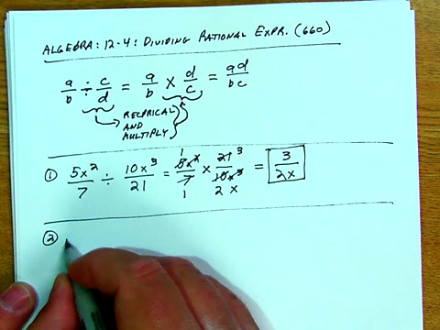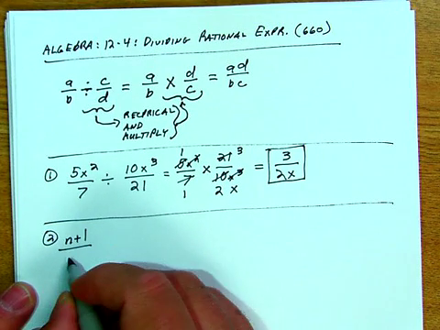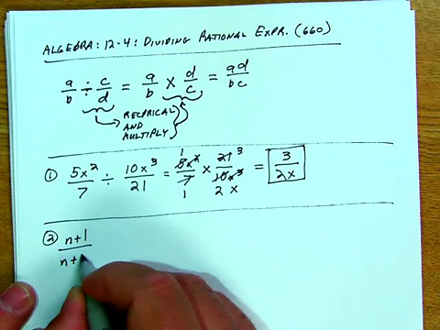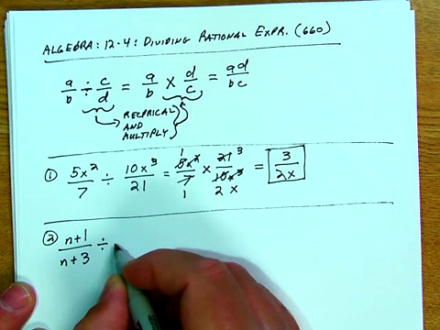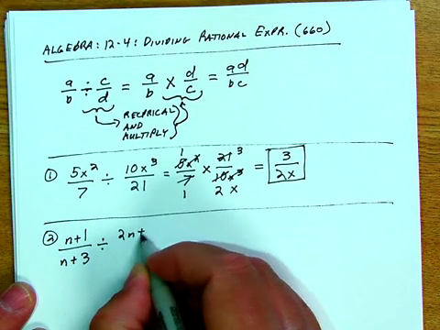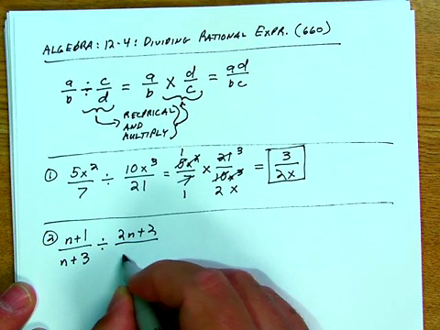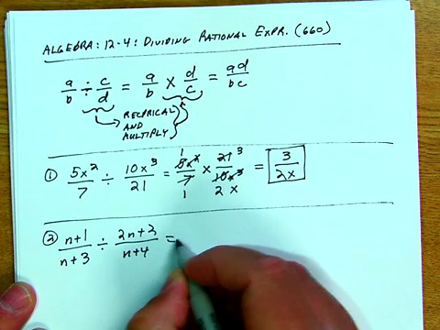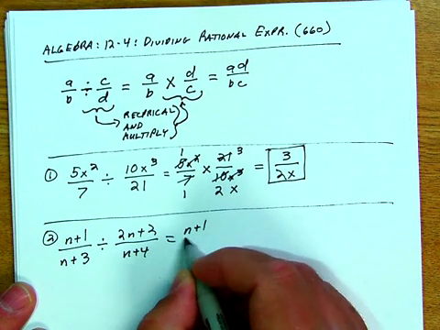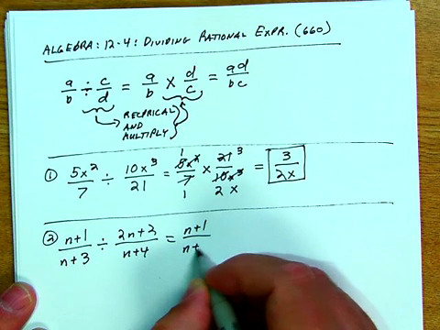Problem number 2, n plus 1 all over n plus 3 divided by 2n plus 2 all over n plus 4. First thing is rewrite it with the reciprocal and change to multiplication.